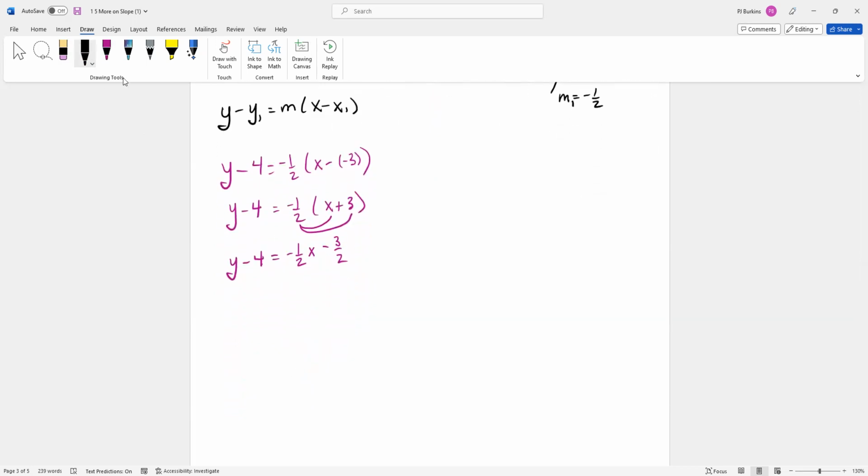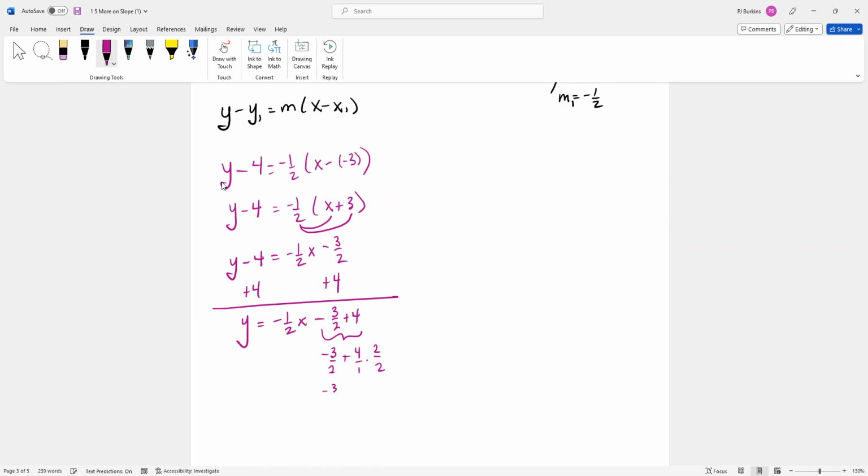Last step is to add 4 to both sides. And then I need to simplify that constant. So right now I have minus 3/2 plus 4. I can put these two things together. I need to turn 4 into halves, which means I multiply by 2 over 2.